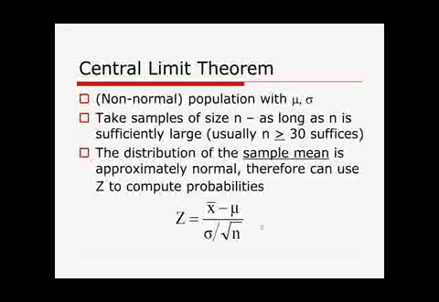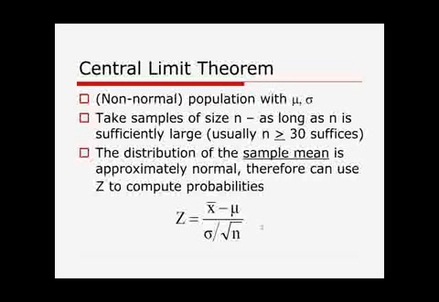If we take samples of size n, which is what we do in practice, we take a sample of 100 people or 50 people or whatever, as long as the sample size is large, and usually 30 or greater is considered large, it turns out that the distribution of the sample mean, that is, if we take samples over and over, and each time calculate a sample mean, and then we graph it out, that distribution is approximately normal.